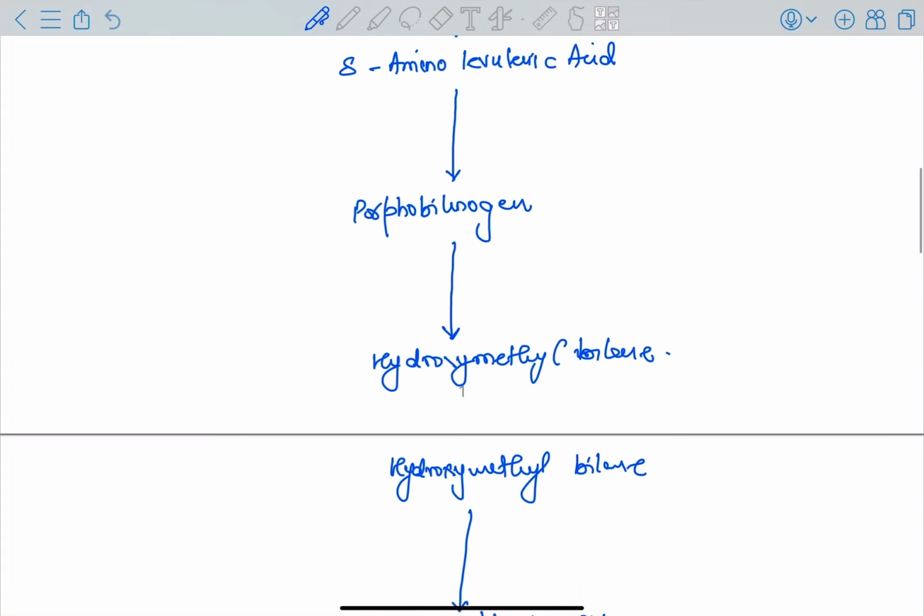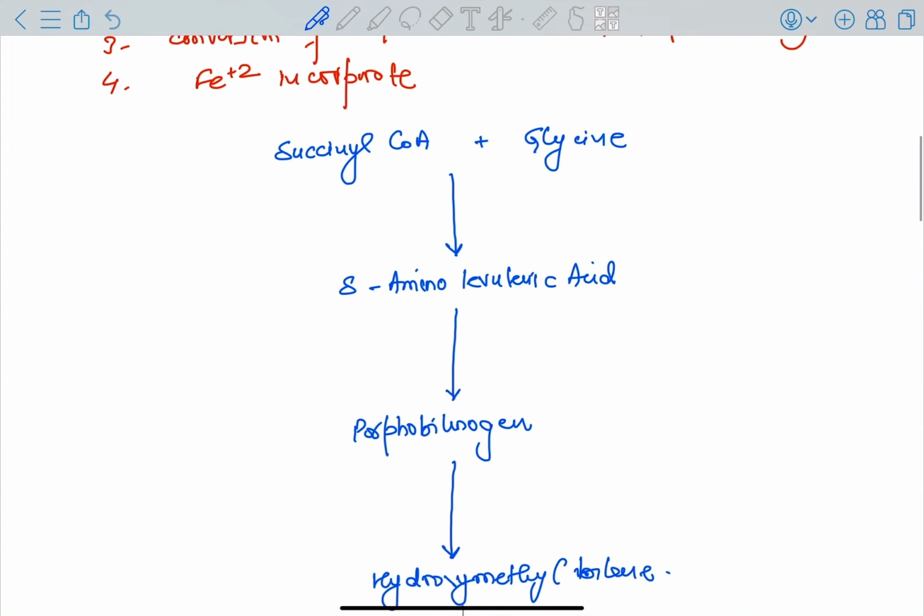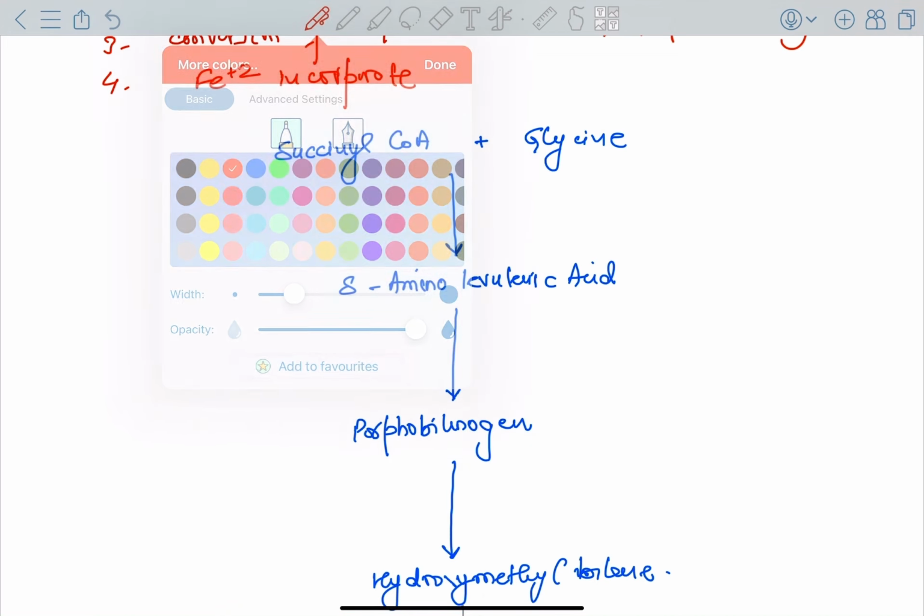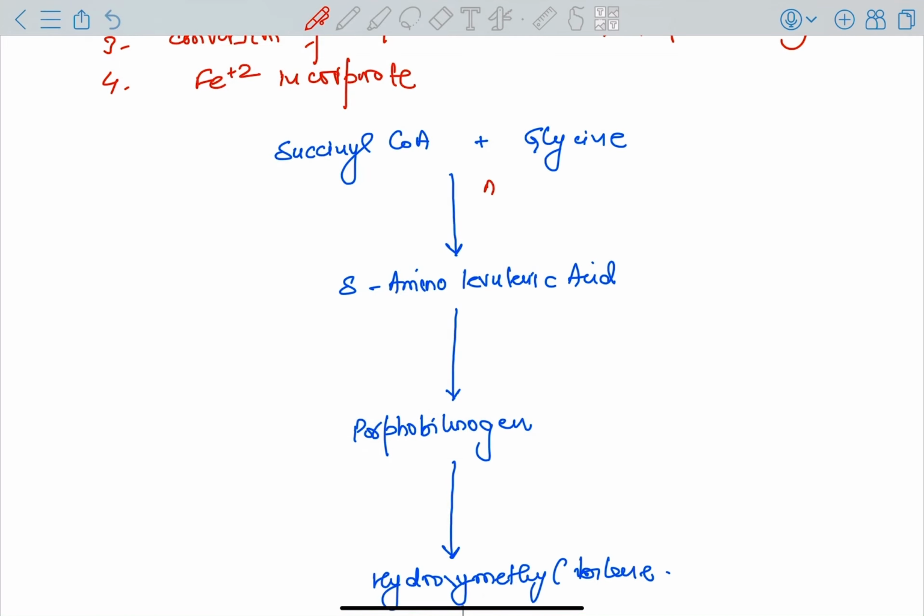Going back to the first step, succinyl coenzyme A plus glycine, with the help of the enzyme ALA synthase. ALA synthase requires PLP, and it is of two types, ALA synthase 1 and ALA synthase 2. ALA synthase 2 is inducible and is present in the erythroid precursor cells, EPC.